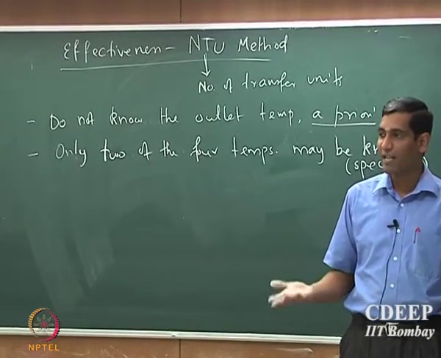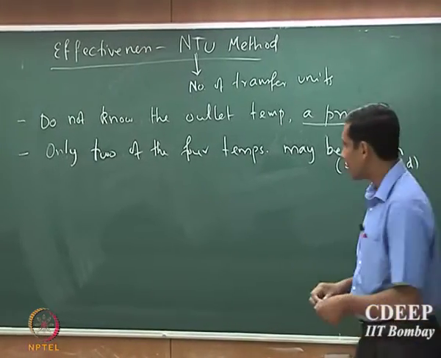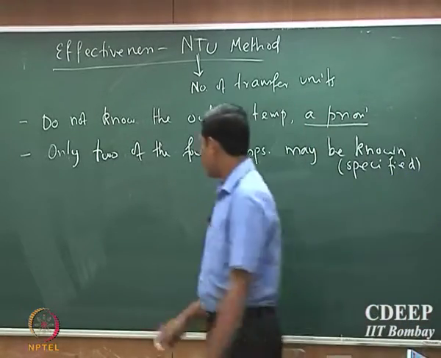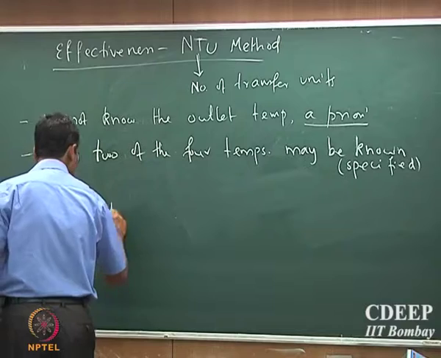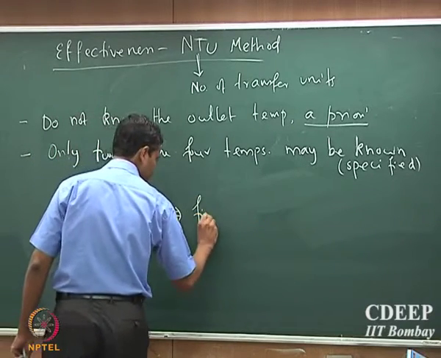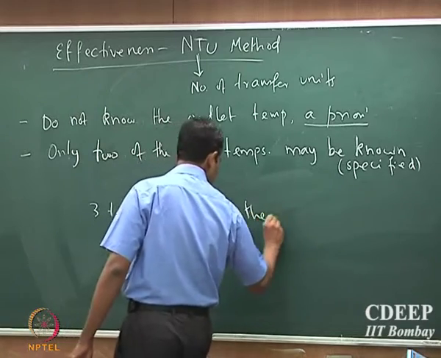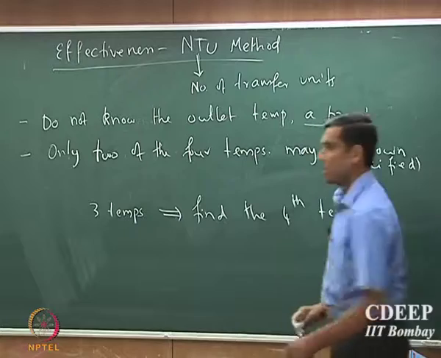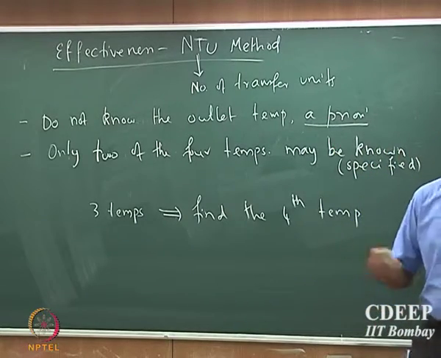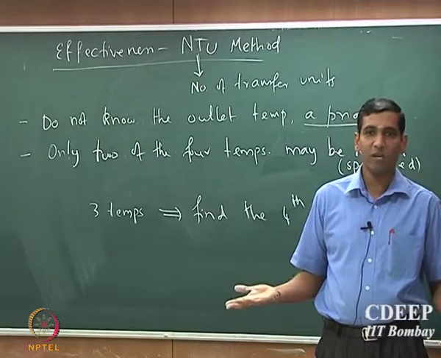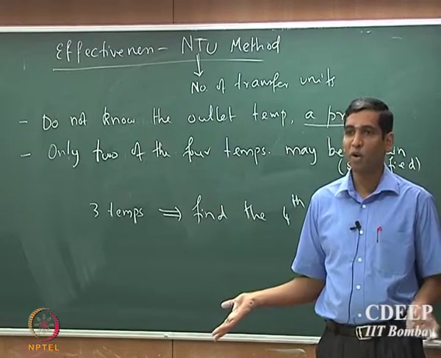Now if you use delta T LMTD method, remember that when we used this delta T LMTD example, we saw that if we know three temperatures, we can find the fourth one. If we know any three, we should be able to find the fourth one by simply writing m dot Cp delta T for the hot stream equal to m dot Cp delta T for the cold stream.